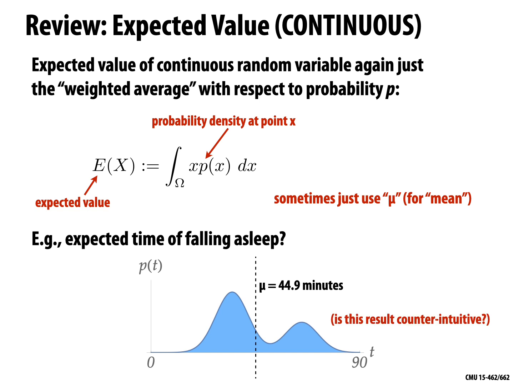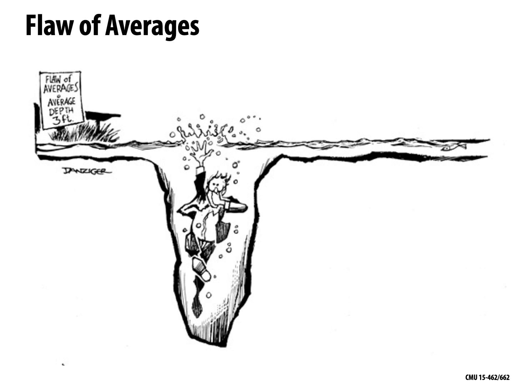Is this result counterintuitive? Does it seem weird that the expected time is actually a pretty low time? Well, this is just a matter of appreciating what the definition is really saying, and also always keeping in mind something called the flaw of averages.